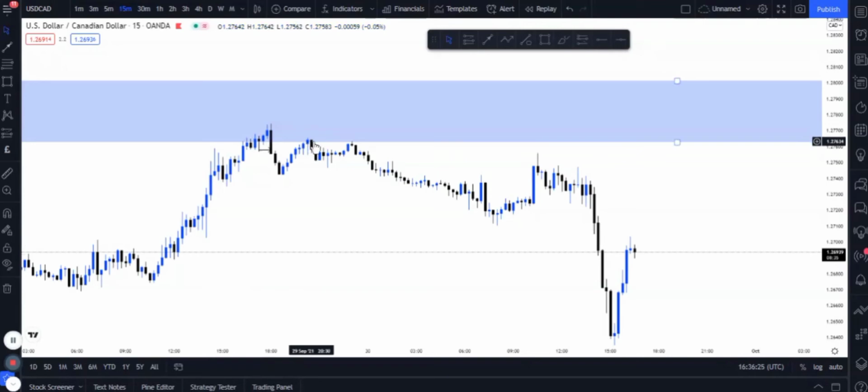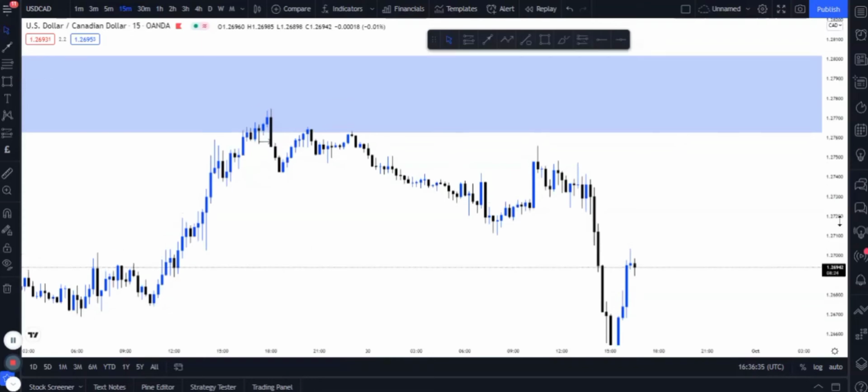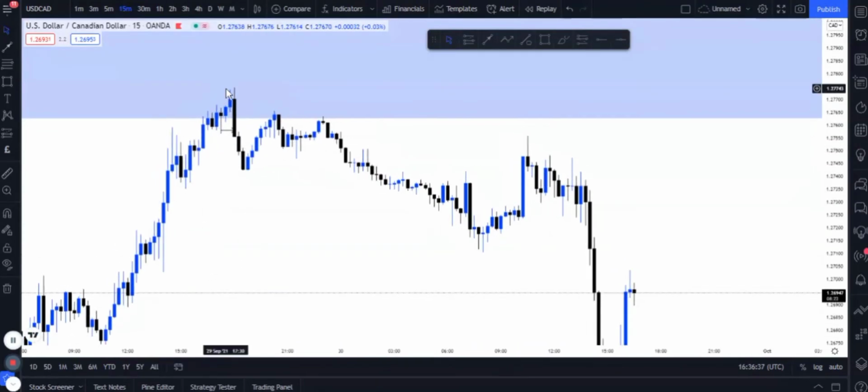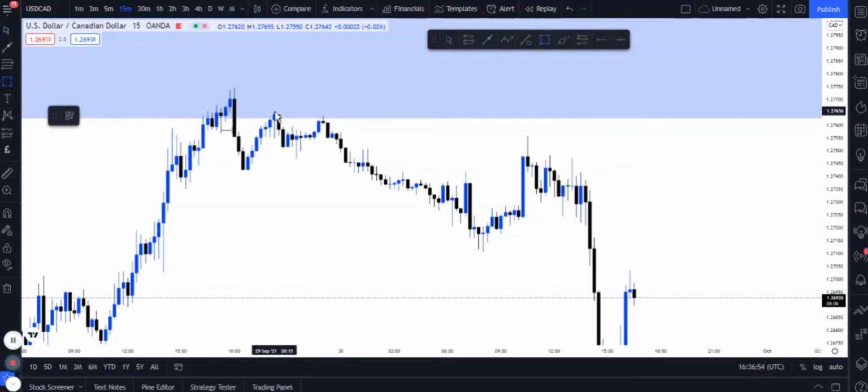So this was a minor breaker structure here, but unfortunately the market traded up above, inside the zone, and it was so quick. I wasn't looking at the chart, but I had patience, and I entered at this point. That was my entry point.